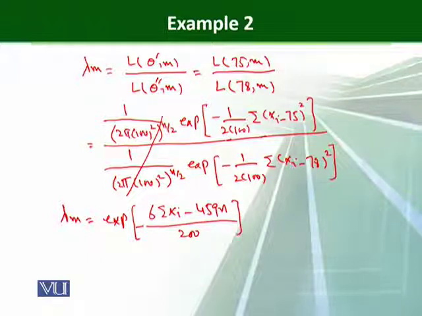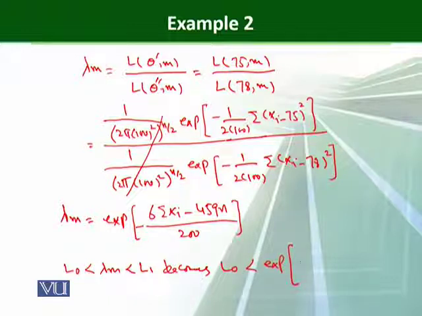Now the inequalities, that is L naught less than lambda m less than L1, become L naught less than exponential of minus 6 sum xi minus 459n divided by 200, less than L1.